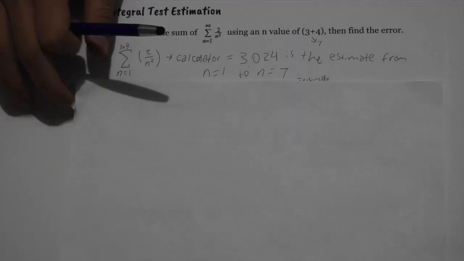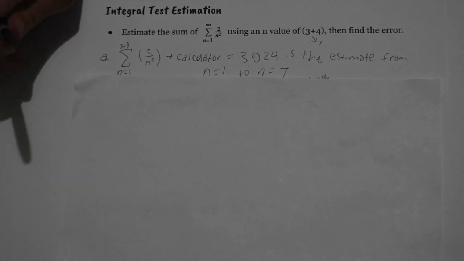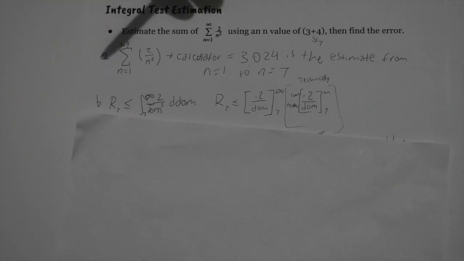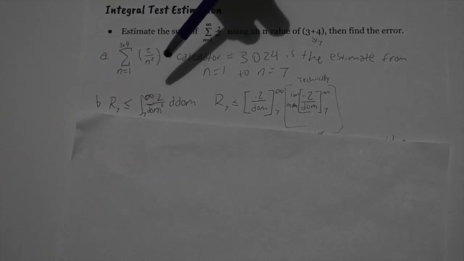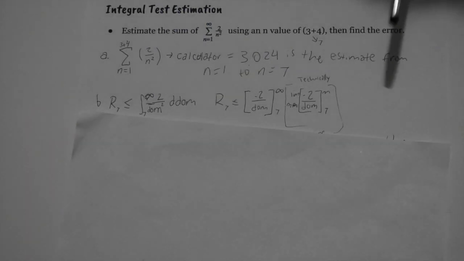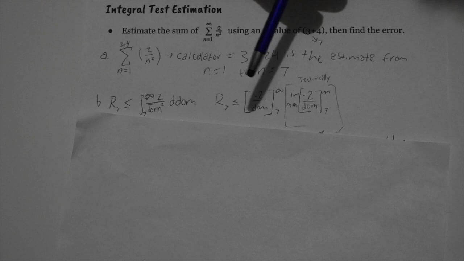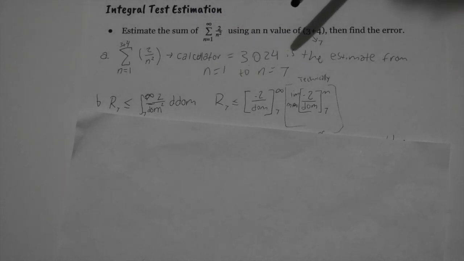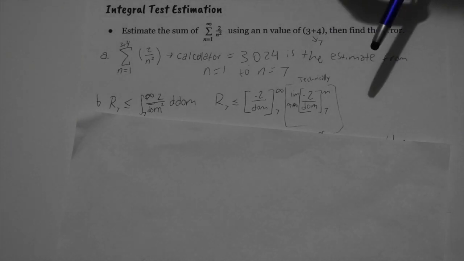And then the next part, we want to check our accuracy. We know that R sub 7 has got to be less than the integral from 7 to infinity of our guy. So we can take the antiderivative here. We get negative 2 over x from 7 to infinity. And technically, Box here is being all annoying.